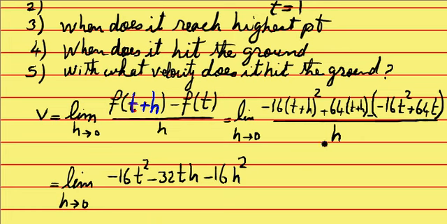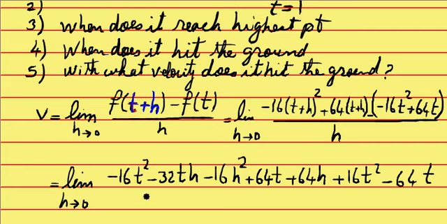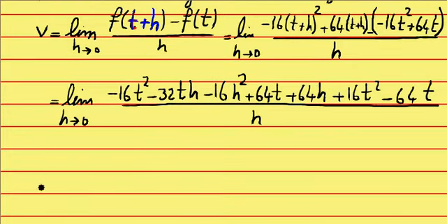It became a bit messy over there, sorry for that. Let's continue. Plus 64t plus 64h, minus makes it plus 16t squared minus 64t. All of this divided by h.